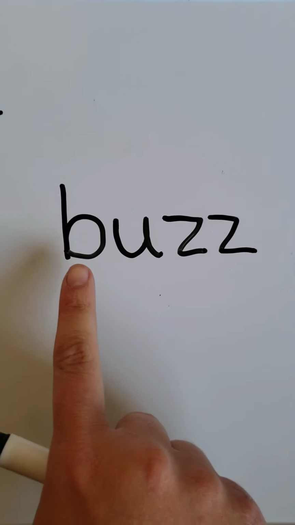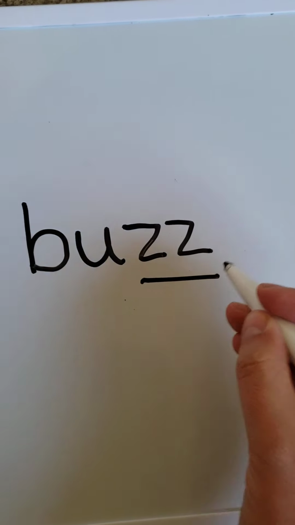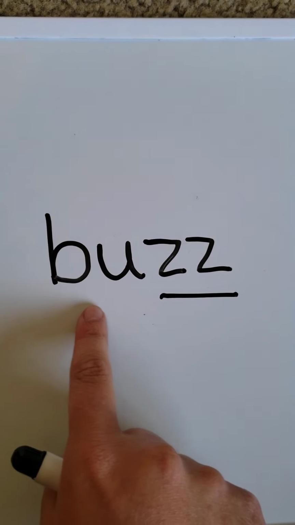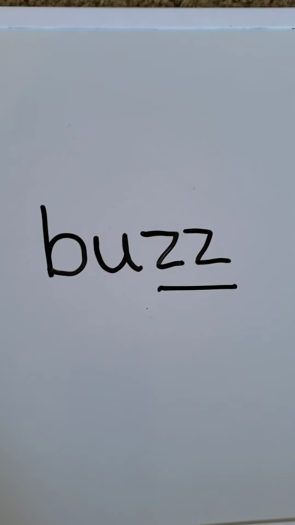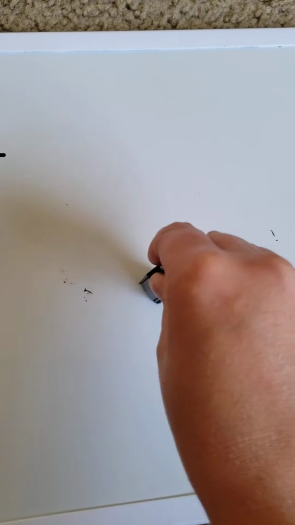Let me straighten out my camera. B, a, z. B, a, z. Buzz. Buzz. Like a bee goes buzz.